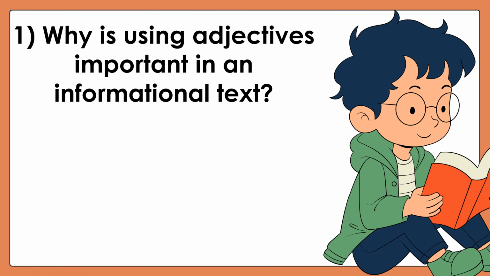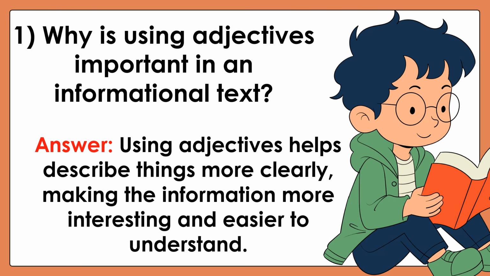Here are the questions. First, why is using adjectives important in an informational text? The answer: using adjectives helps describe things more clearly, making the information more interesting and easier to understand.